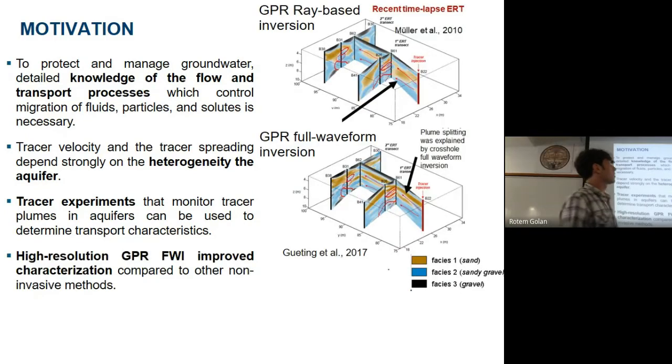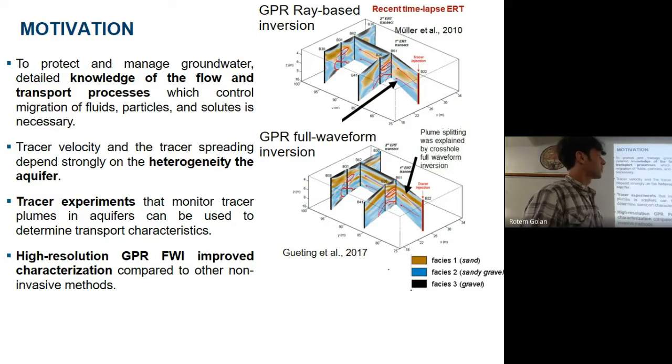What we see here at the top is a characterization by ray-based GPR. The colors are facies. The brown is sand, and the blue is gravel. And this is by GPR full waveform inversion.